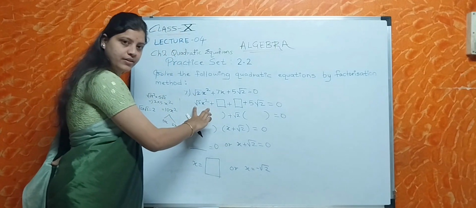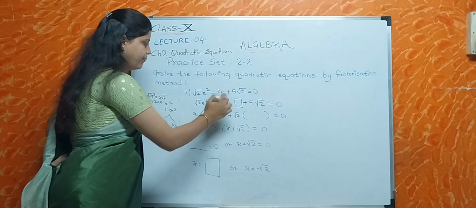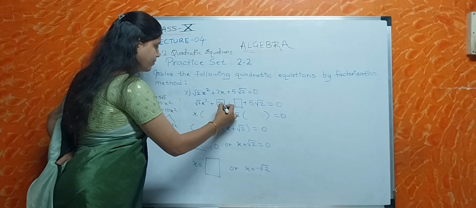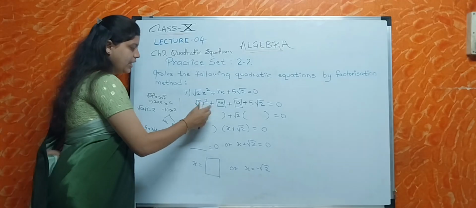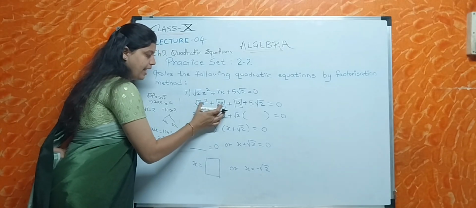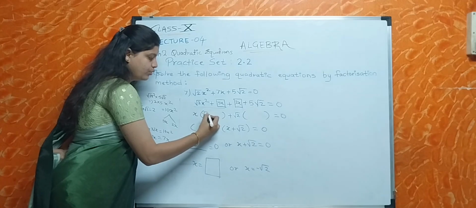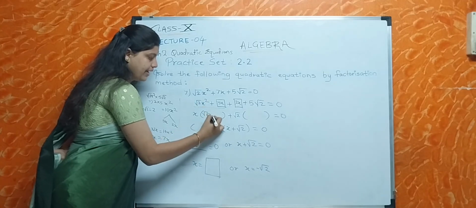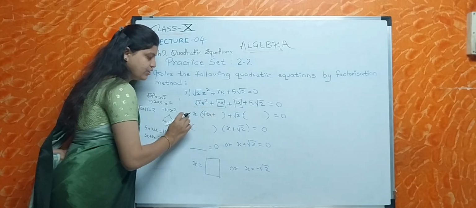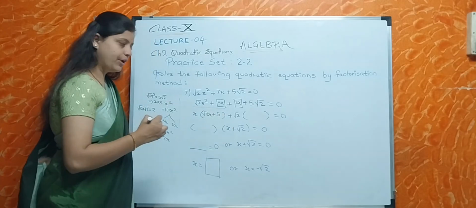First term as it is, instead of this term we will write them. Now in these both terms x is common. So x, and what is remaining? Root 2x in the bracket, plus here x is common, remaining is 5.